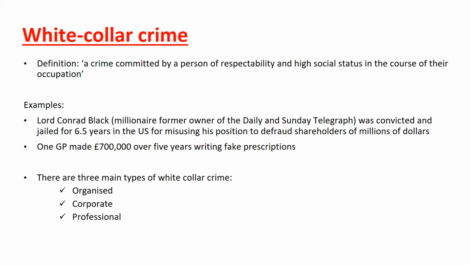We've also got a case of one GP making over £700,000 over 5 years by writing fake prescriptions. There are 3 main types of white collar crime, and that is organised, corporate and professional, that we're going to look at next.